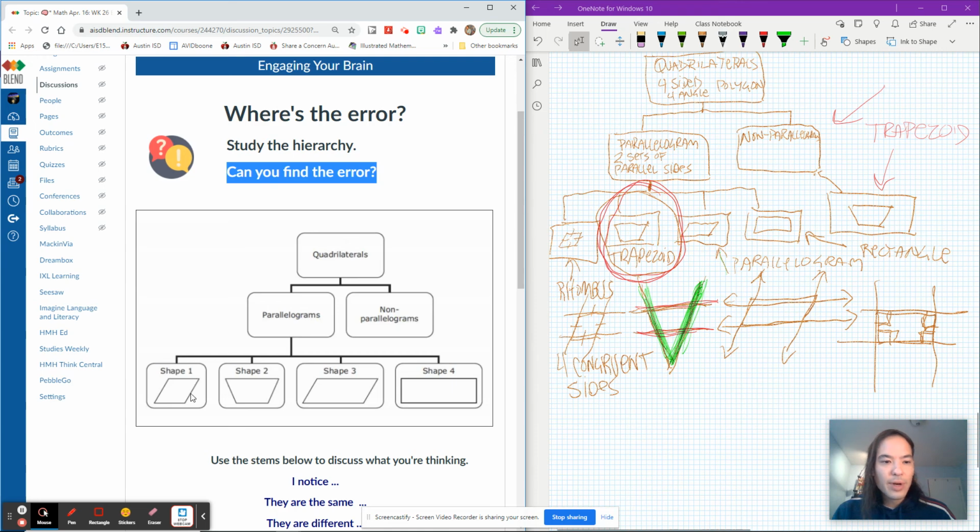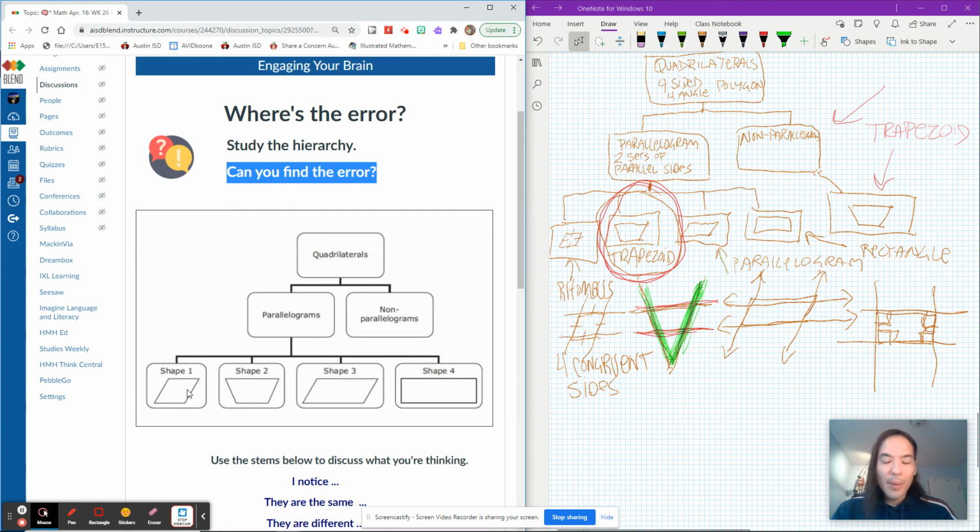Maybe you're wondering, why do a rhombus and a parallelogram look the same but they're different? And we can say the rhombus has four congruent sides where a parallelogram does not necessarily have four congruent sides. But remember, a rhombus is a parallelogram always, but a parallelogram is not always a rhombus.